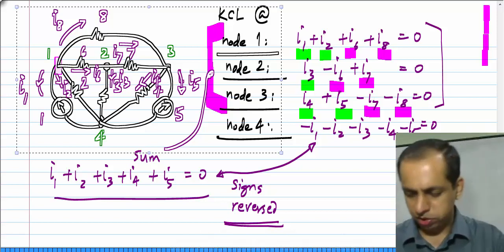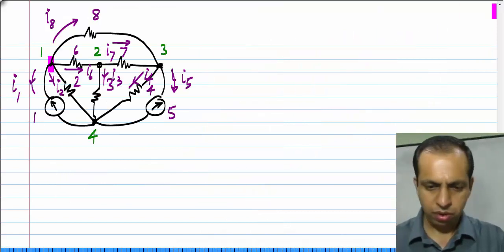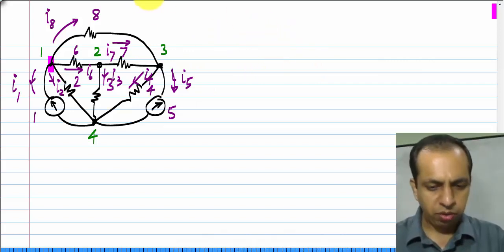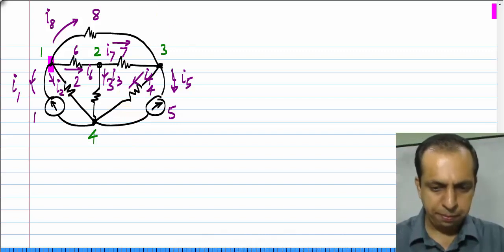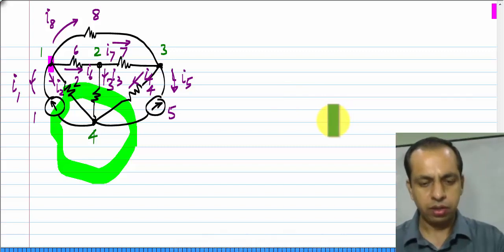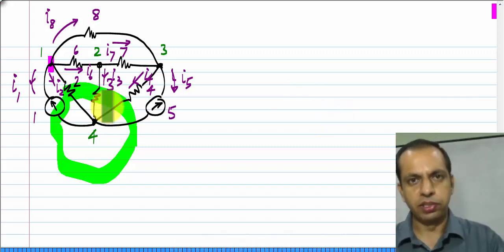Let me copy over this circuit. Now, let us consider a particular node, for instance, node 4. I will draw a surface enclosing node 4.